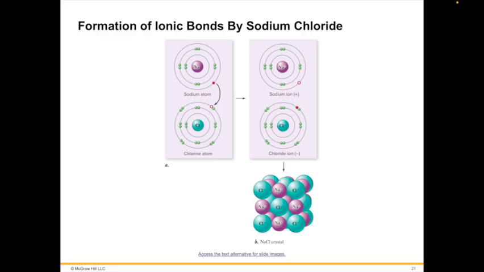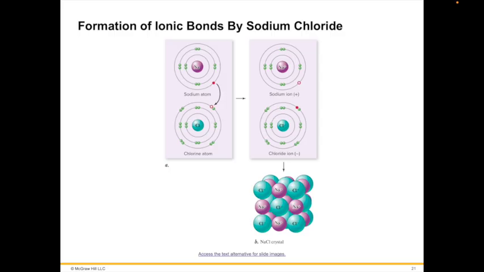Sodium has 11 electrons, 2 in the inner energy level, 8 in the next level, and 1 in the outer valence level. The single unpaired valence electron has a strong tendency to join with another unpaired electron in another atom. A stable configuration can be achieved if the valence electron is lost to another atom that also has an unpaired electron.